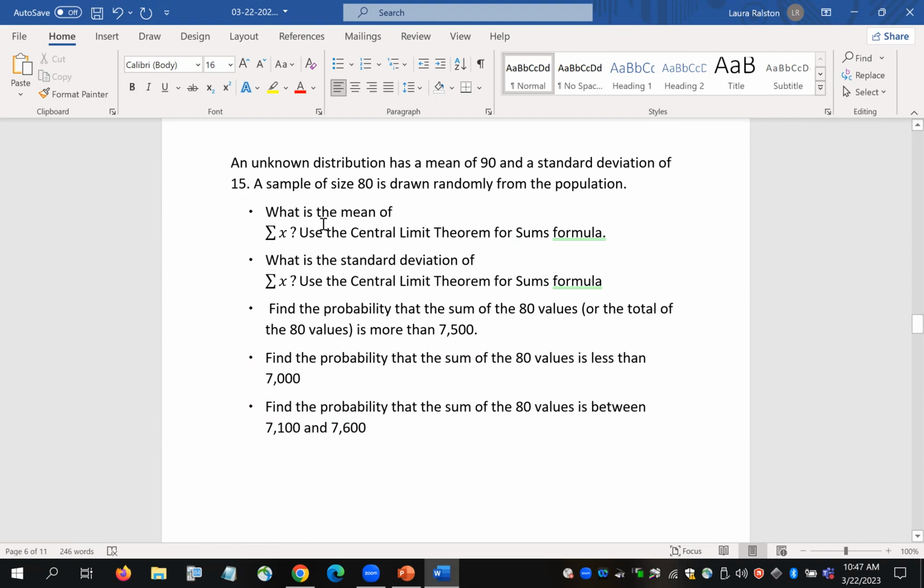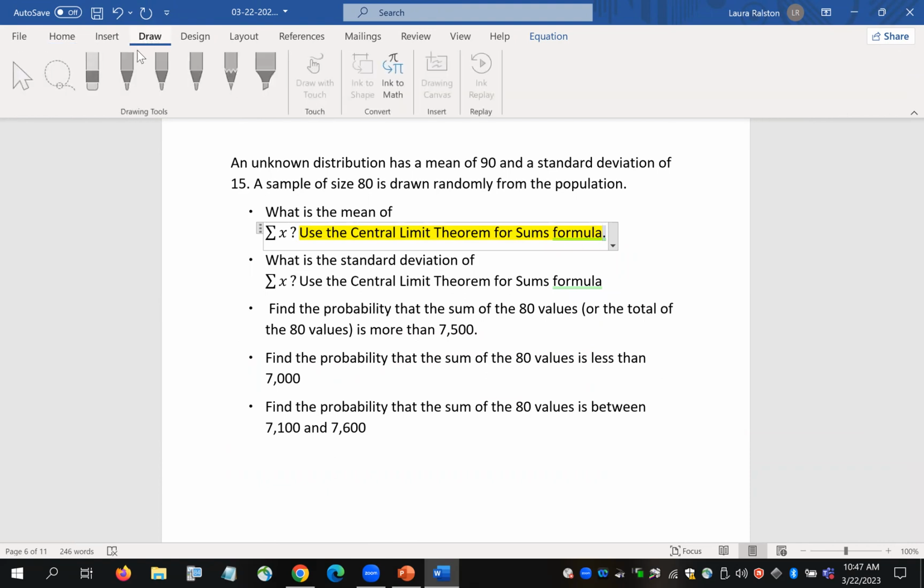Now, this particular problem, the way the question is worded, notice how it actually tells you to use the central limit theorem for the sums formula. So it's telling you which one to use. If it did not tell you which one to use and you had to make that decision on your own, a couple of things jump out at me. It says it's an unknown distribution. I have a sample of size 80.